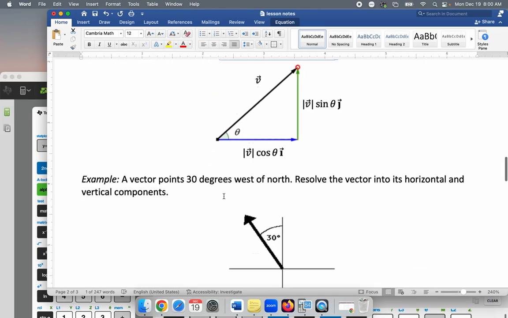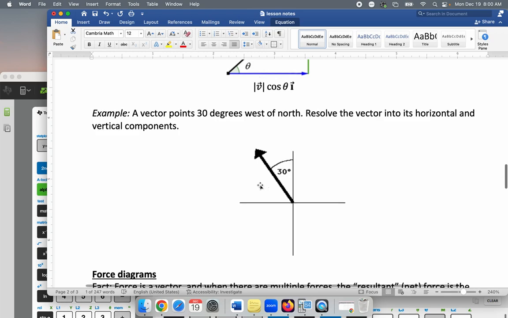So let's do an example. So suppose that a vector points 30 degrees west of north. Resolve the vector into its horizontal and vertical components. Be careful here because 30 degrees west of north, just because you see 30 degrees in this problem does not mean that theta is actually 30 degrees. It's not, right?